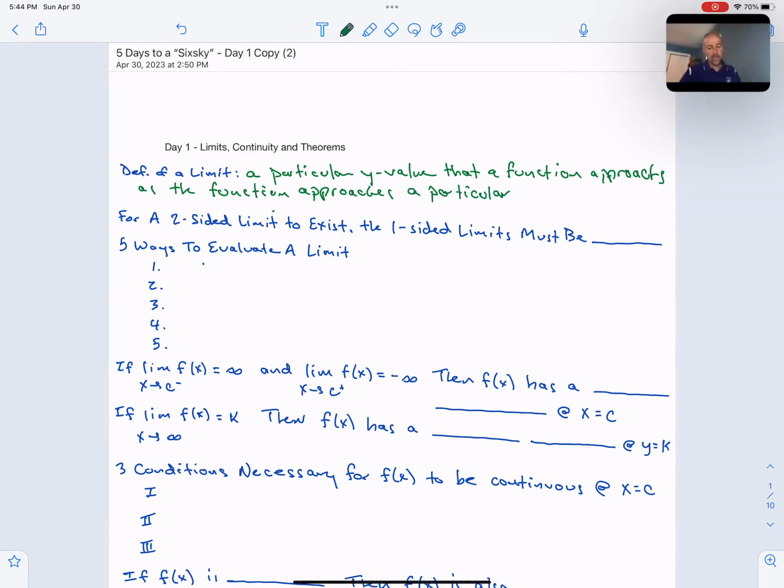And if we're talking about a two-sided limit, then that function approaches the particular x value from the left and the right.